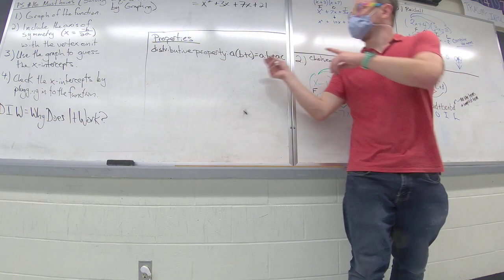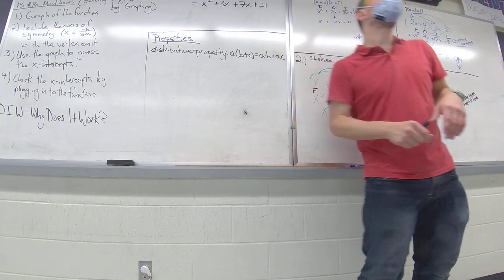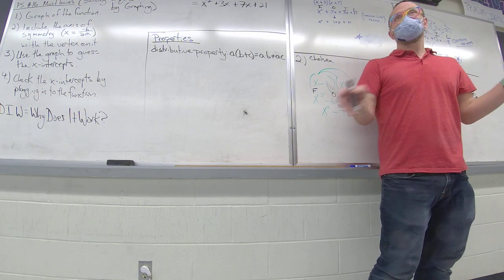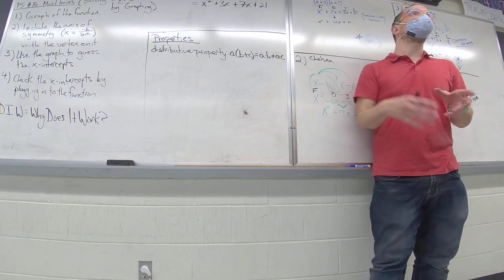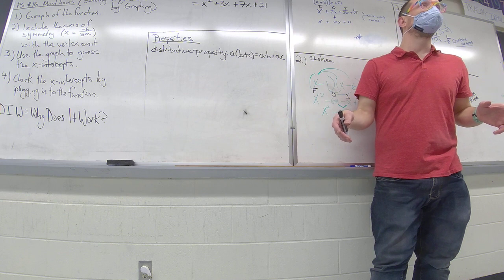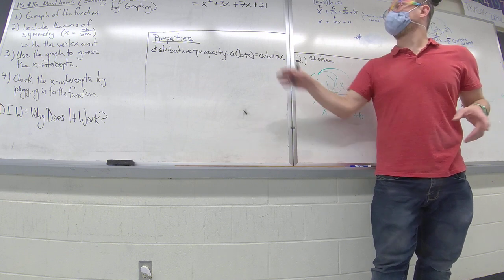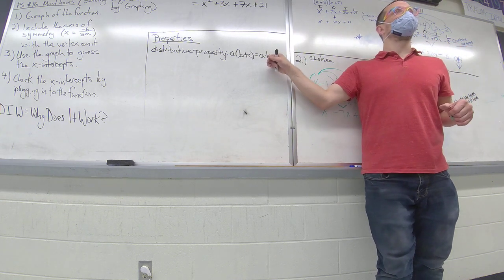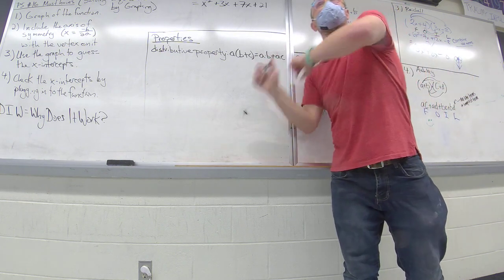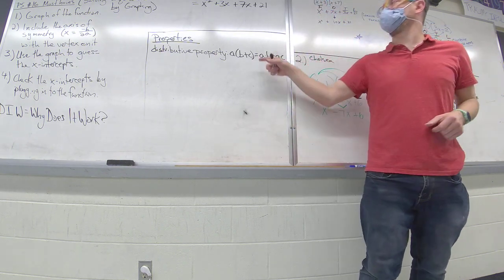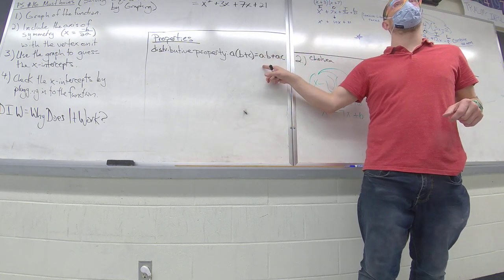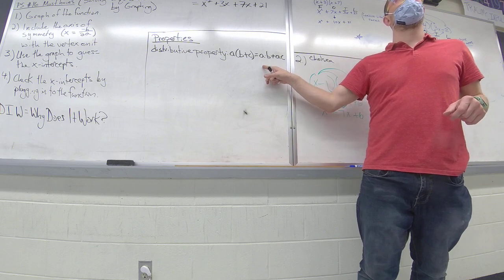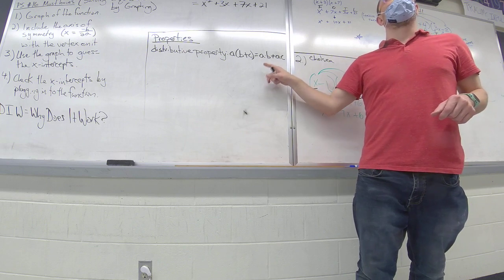If we don't allow the distributive property, we end up with things that behave in very different ways. So we're going to say that this is true, but we're not going to prove that this is true. I'm not going to prove to you that the distributive property is true. Why?